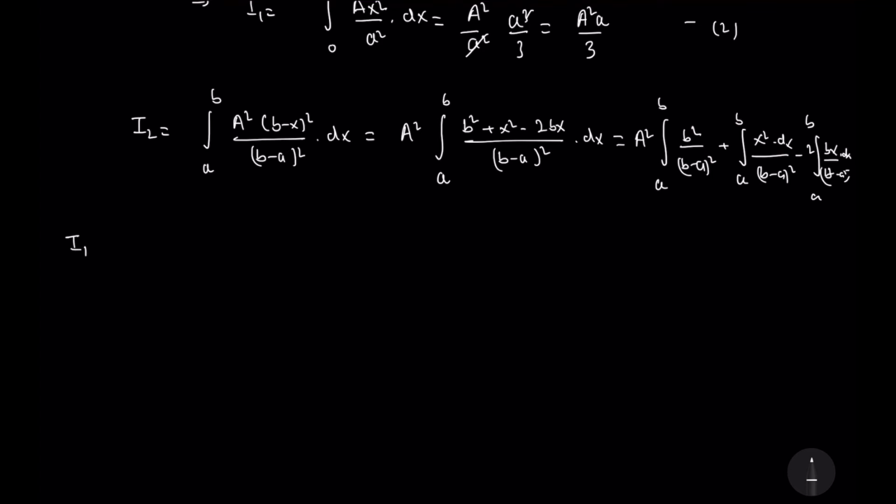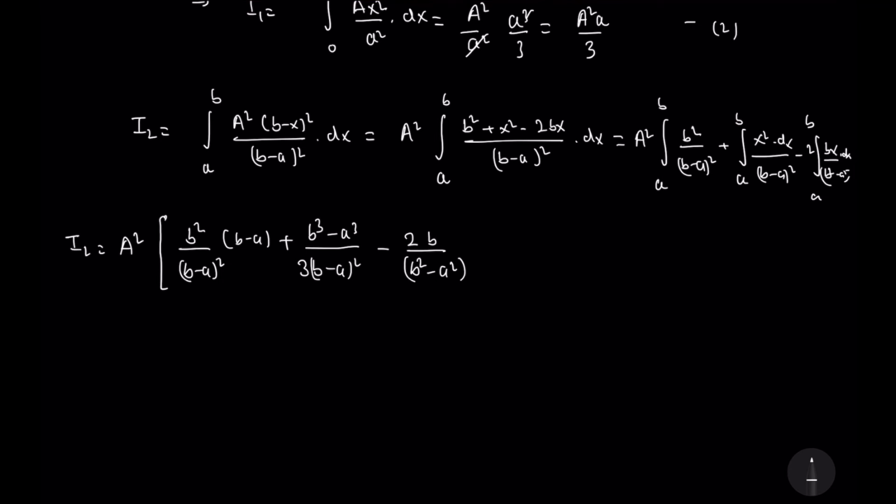So my I2 is a squared times a big bracket: b squared upon (b minus a) whole squared times (b minus a), plus (b cubed minus a cubed) upon 3 (b minus a) whole squared, minus 2b upon (b minus a) whole squared times (b squared minus a squared) upon 2.